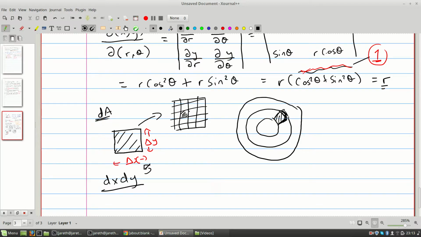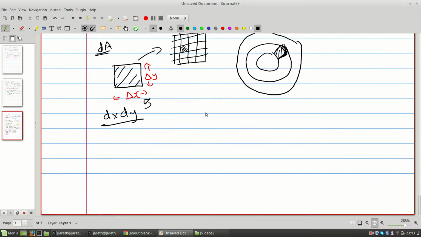So how do we actually express this? Let me draw this down over here, with our small segment. If this is our radius r, then this section over here we call dr, the change in r. But what's the change in this part? Of course it's not theta, because this is the arc.